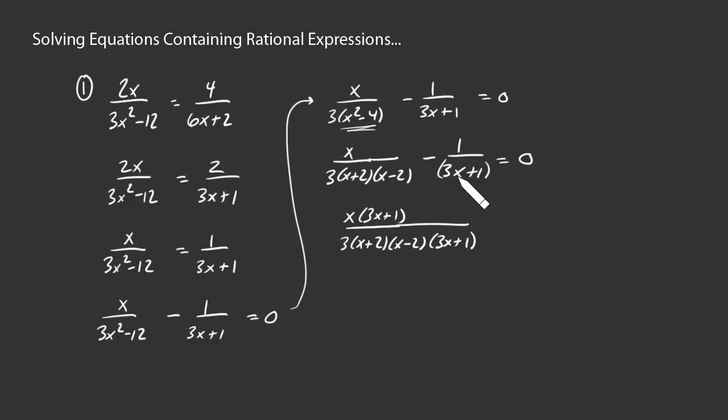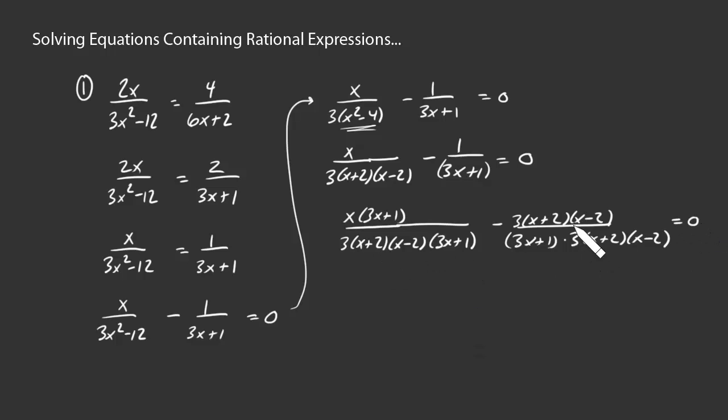And over here, this one is missing all three of those, so let's put all three of those top and bottom. Again, that's multiplying by a well-chosen value of 1 there. So 3 times x plus 2 times x minus 2, technically times 1, but we don't have to write it, over the 3x plus 1 times those same three factors equals 0.